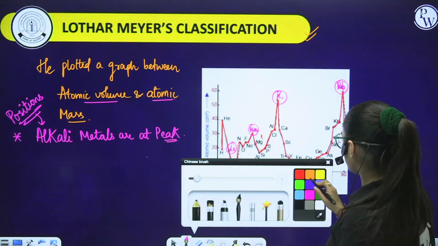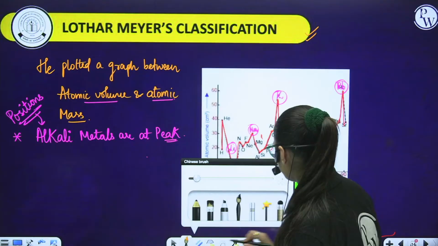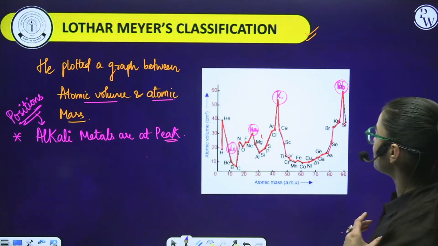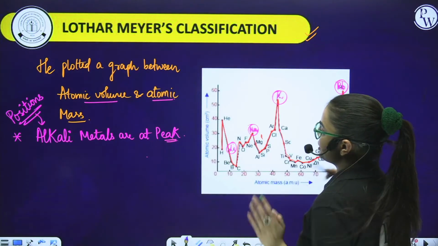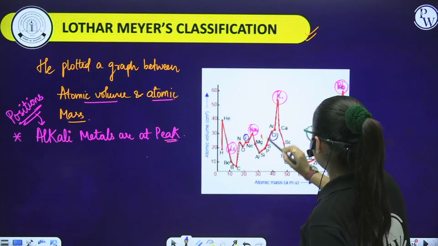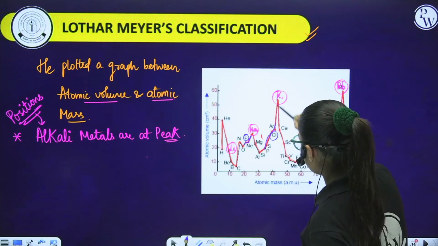What is the next observation? Shall we do the next observation, students? Okay. Now the next observation that you can clearly observe is your ascending part over here. This is fluorine, this is chlorine, this is bromine. I am showing it in blue.